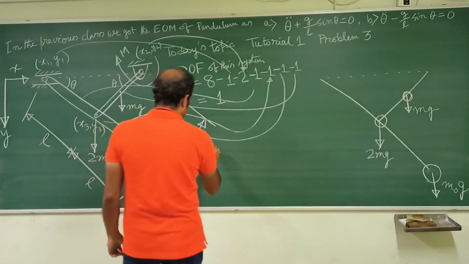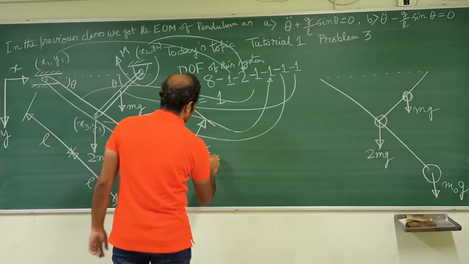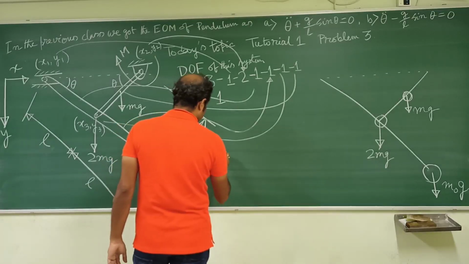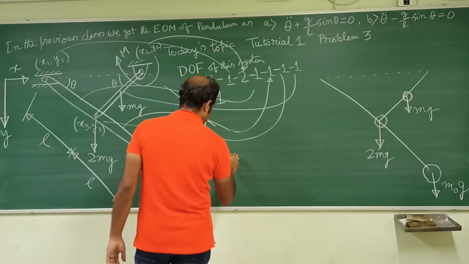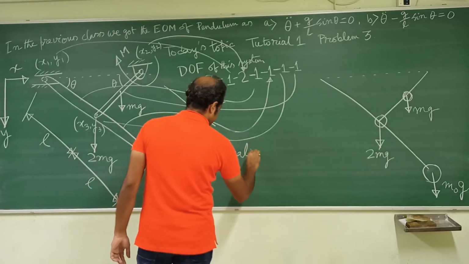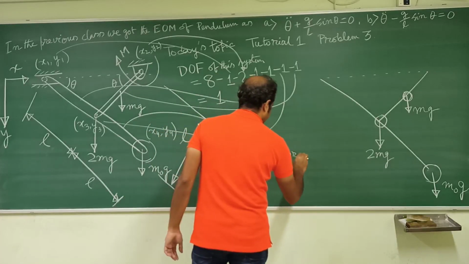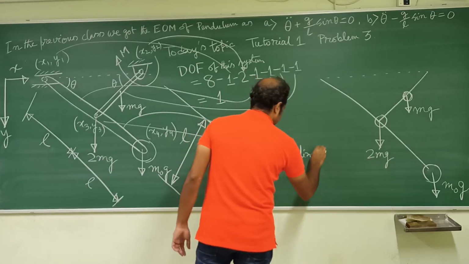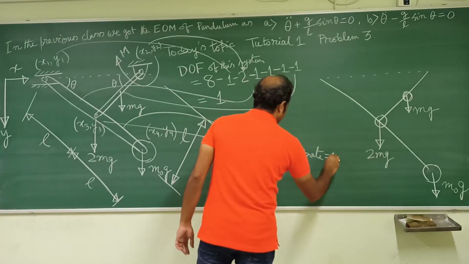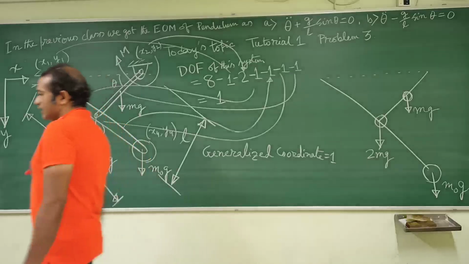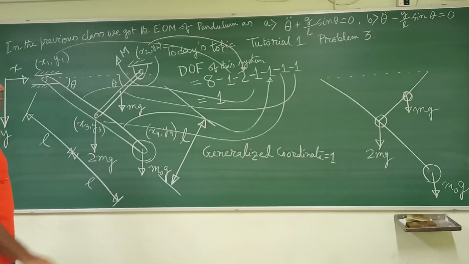So my generalized coordinate, or rather the degrees of freedom coordinate, is equal to 1.